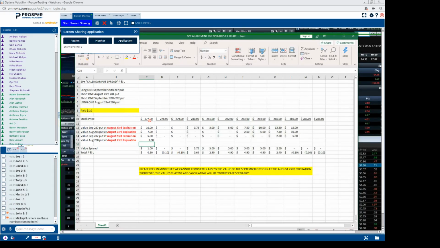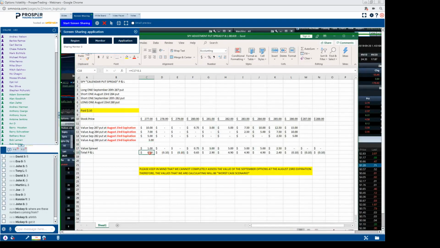Well, Mickey, we're only looking at the intrinsic value. So if I have a 287 strike put with the stock trading at 277, it's worth $10. So on and so forth. Okay.